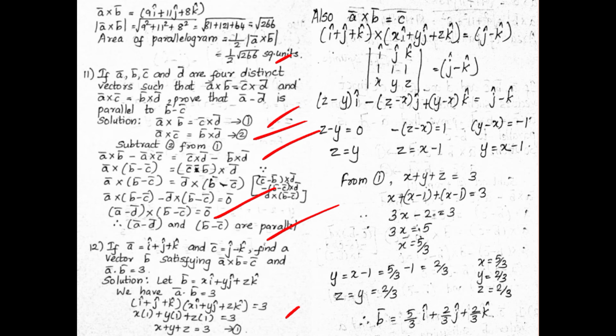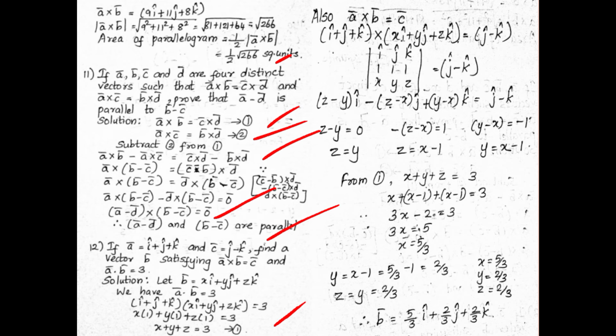This is equation 1. Also, A vector cross B vector is equal to C vector. Therefore, (i plus j plus k) cross (xi plus yj plus zk) is equal to j minus k vector. So find out the left hand side cross product with the determinant form.